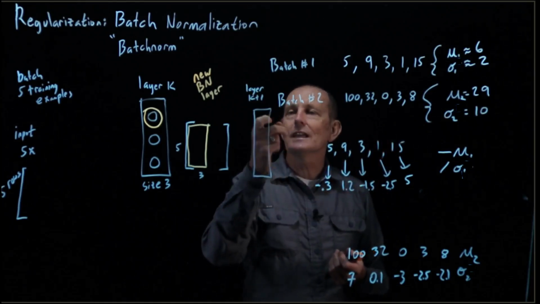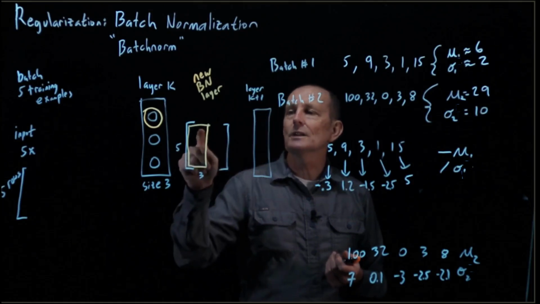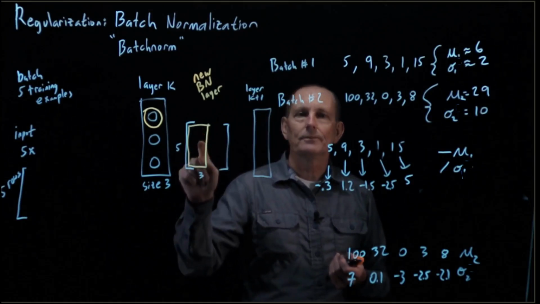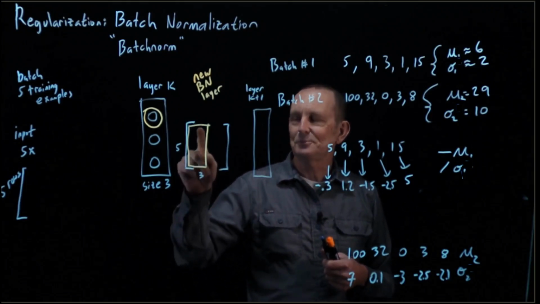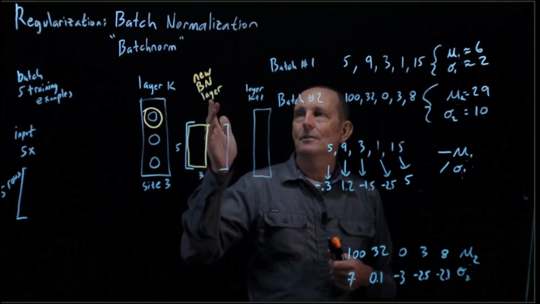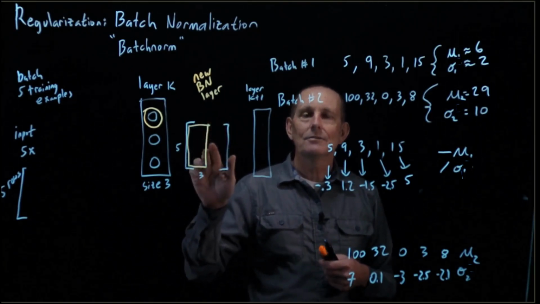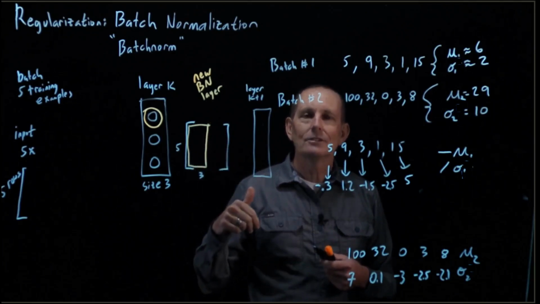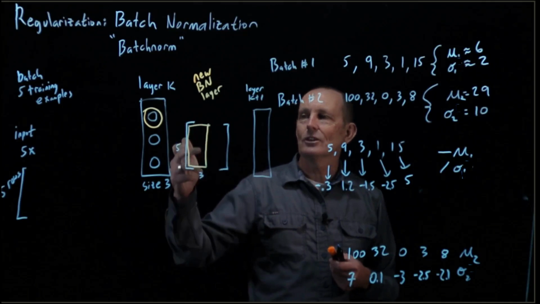And now this layer says, as far as my backpropagation, I want to increase all 5 of these values. Partial L with respect to the output of this layer is negative for all of these values, which means they should all be increased.